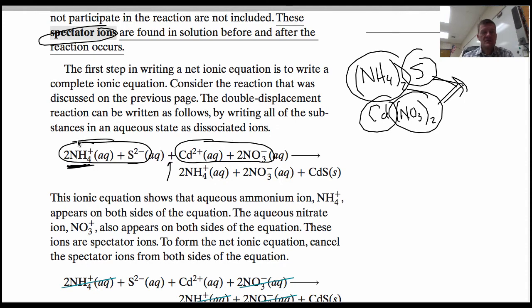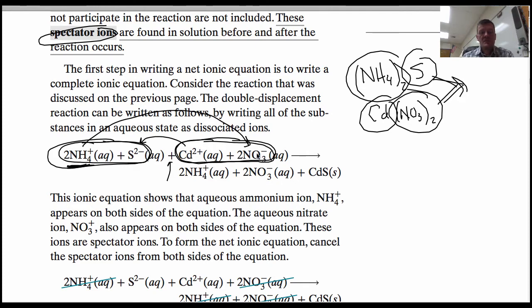That's what this is right here. It's a cation and an anion that made up the ammonium sulfide, a cation and an anion that made up the cadmium nitrate. But now we can have a different combination. We can have the ammonium and the nitrate, because they're in the same container now, and we could have the cadmium and the sulfide. Those could get together. All right.